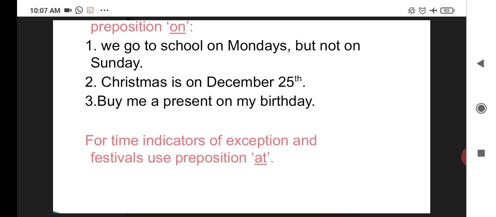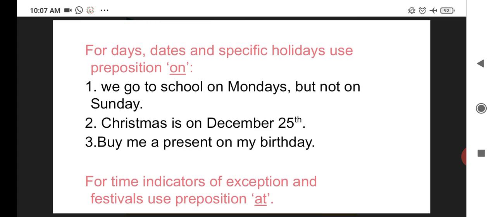For time indicators of exact times and festivals, we use preposition at.